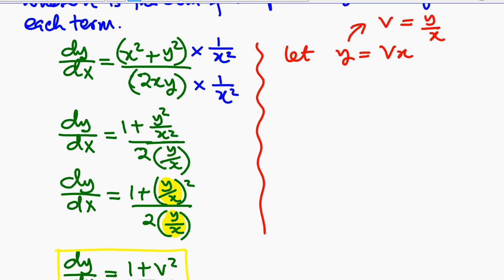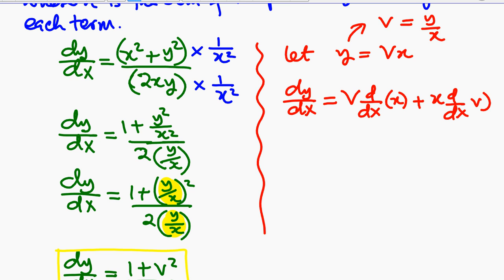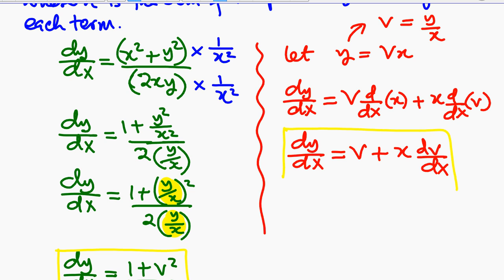So I'll end up with dy over dx equal to v d over dx of x plus x d over dx of v. So dy over dx is equal to v plus x dv over dx. And this is another equation.